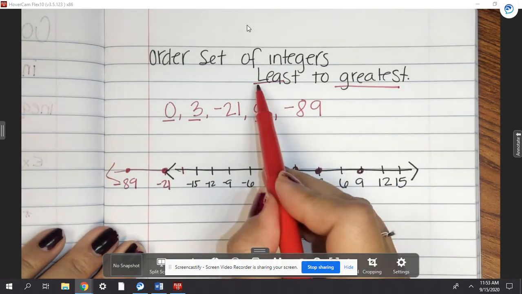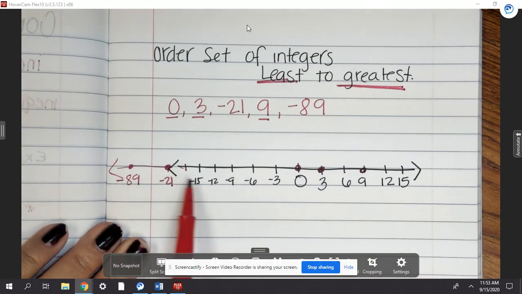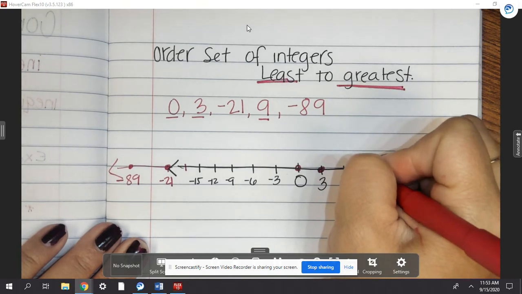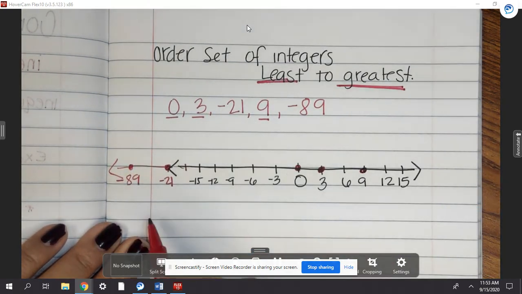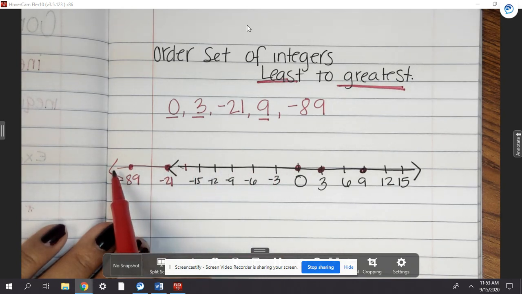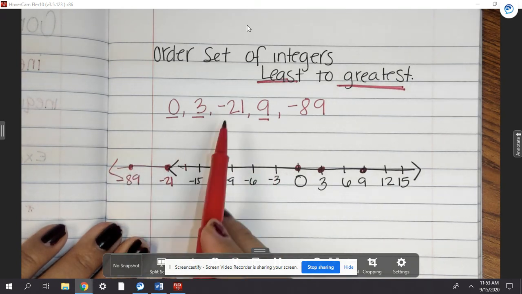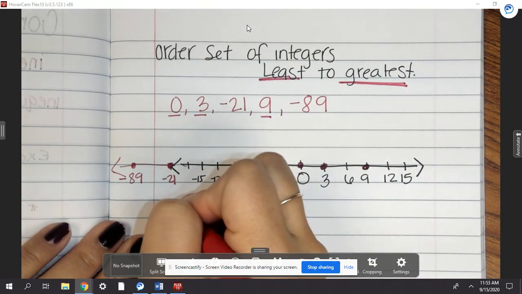Now, if I put them in order from least to greatest, when I located these on a number line, I basically did that already. So which integer is actually the greatest number? When I look here, remember the further left away from 0, these numbers are actually smaller. So which one is the least or the smallest? -89.